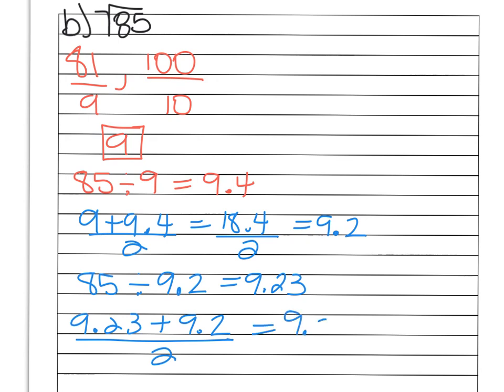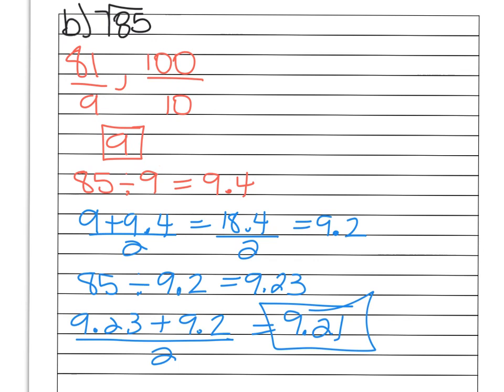Then I can take the 9.23 plus the 9.2 and find the average of those, and I get 9.21. So again, if you want to hear it one more time, you find the two perfect squares closest to 85, that's 81 and 100. 81 is the closest to 85, and that's 9 times 9, so I have 9.